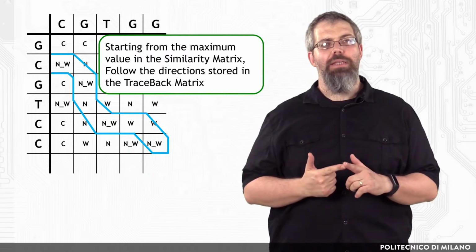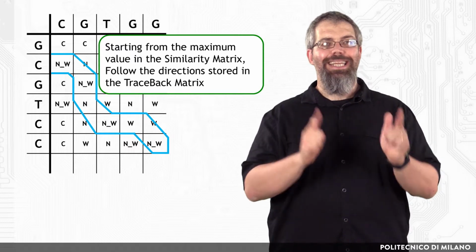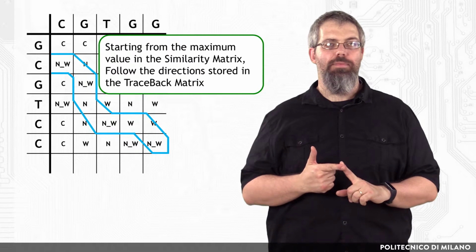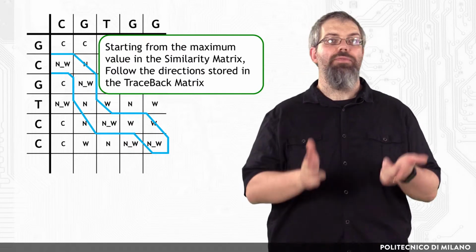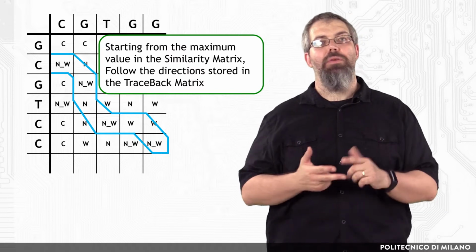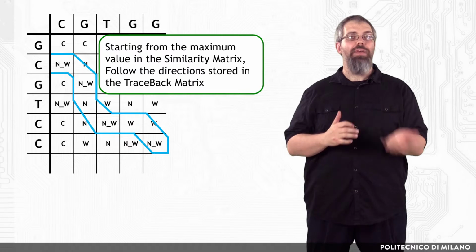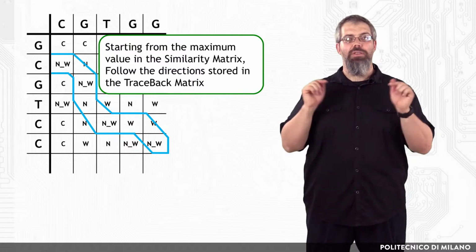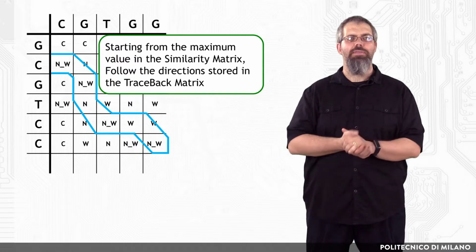The second is the sum of the value on the left of the one considered and the gap value in case of deletion. The third is composed of the gap value in case of insertion and the element over the one considered. Once the maximum between these 3 values is identified, the algorithm stores in the traceback matrix the position of the value that originated the identified maximum.